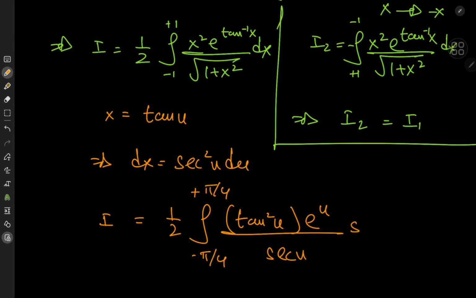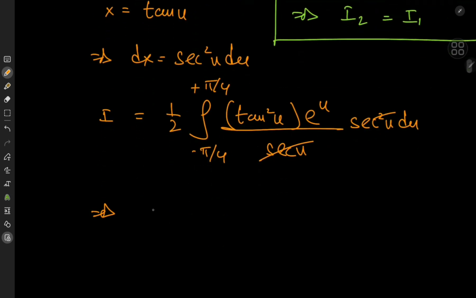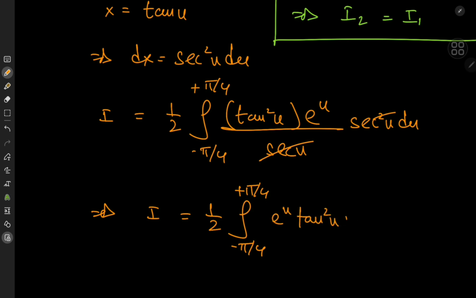The differential element transformed into secant squared u du. We have some nice cancellation. And all of this implies that I is now 1/2 the integral from negative to positive pi by 4 of e to the u times the tangent squared of u times secant u du.